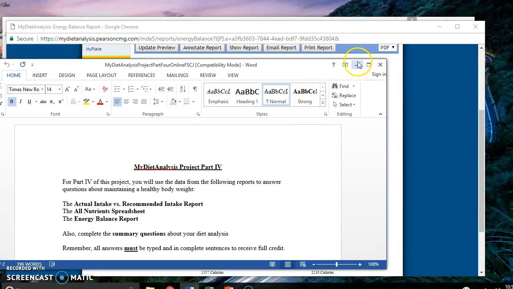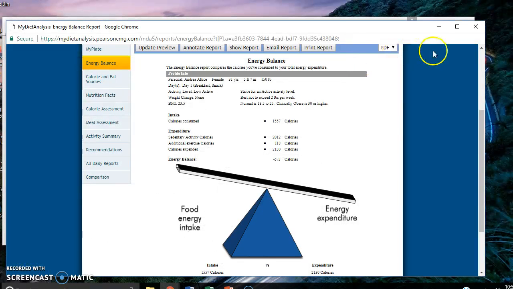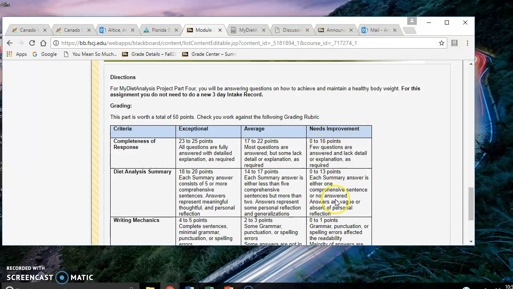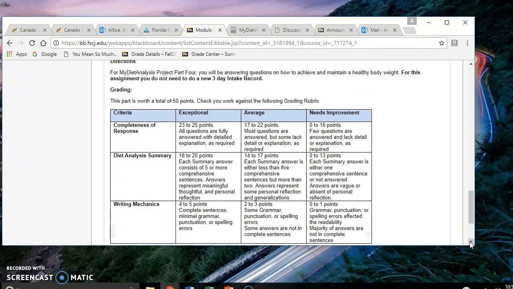Another tip that I want to point out is to please look at the rubric, how I will be grading you on the project part 4. Notice that I'm going to be looking at if all answers are fully answered with detailed explanation.